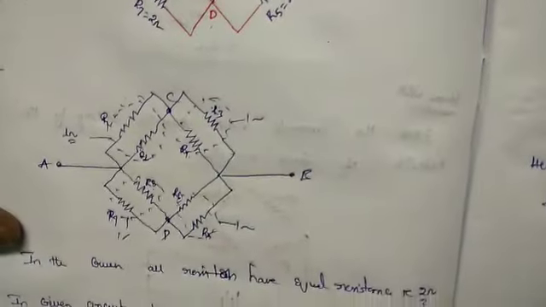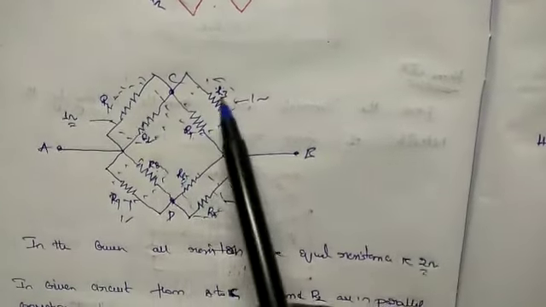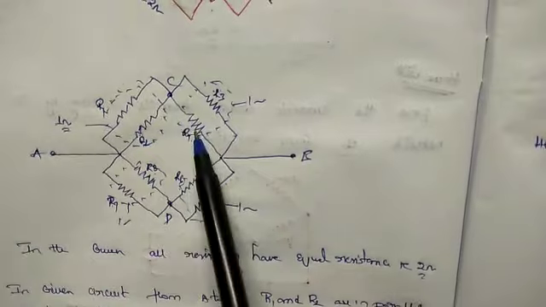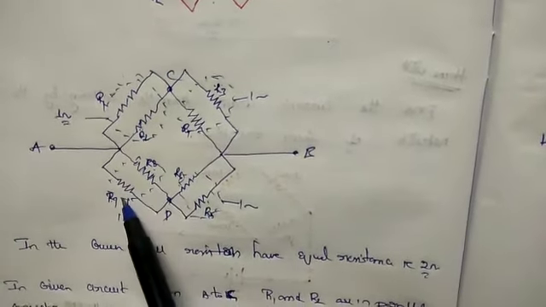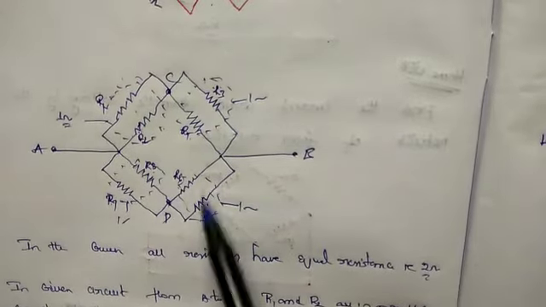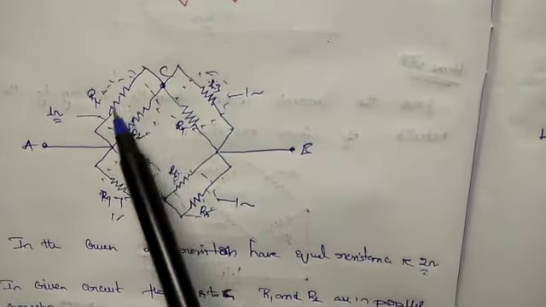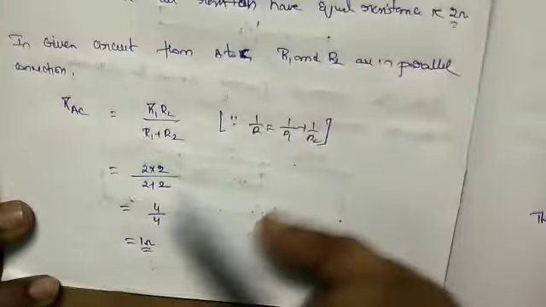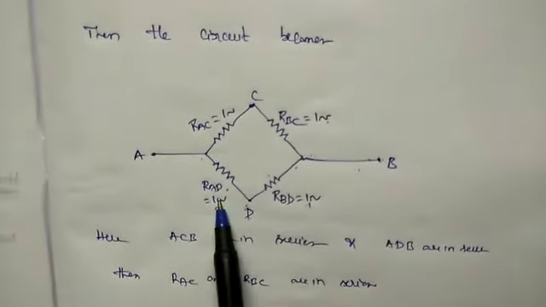See, once again I will tell you. These two resistances are parallel, these two are parallel, these two are parallel, these two are parallel. So each becomes a single resistance. The equivalent resistance of two parallel resistances is 1 ohm. Am I right? Similarly here we get 1 ohm, 1 ohm, 1 ohm, 1 ohm.